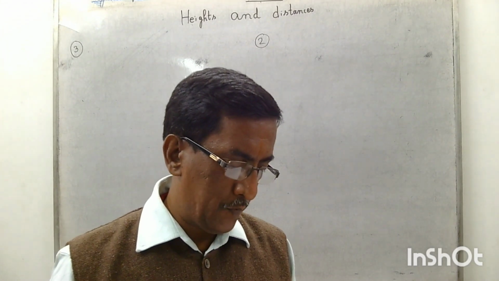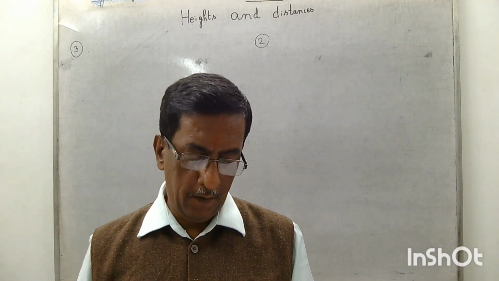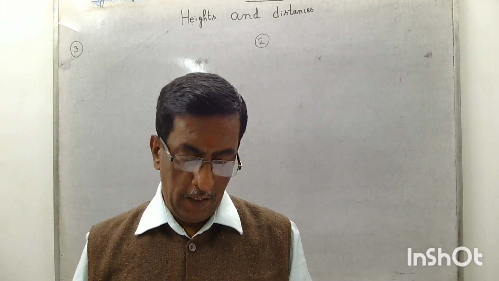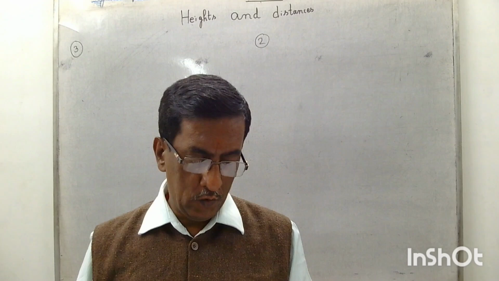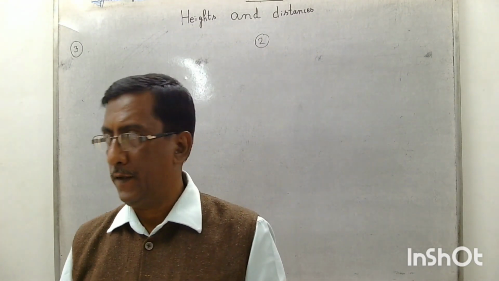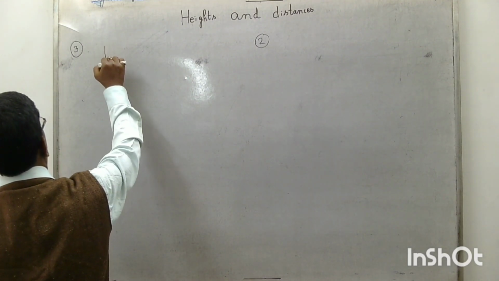As observed from the top of a 75-meter tall lighthouse, the angles of depression of two ships are 30 degree and 45 degree. This is a lighthouse.